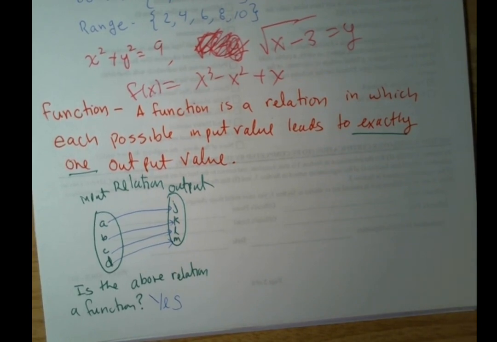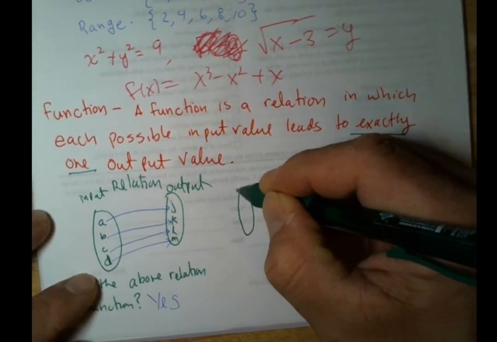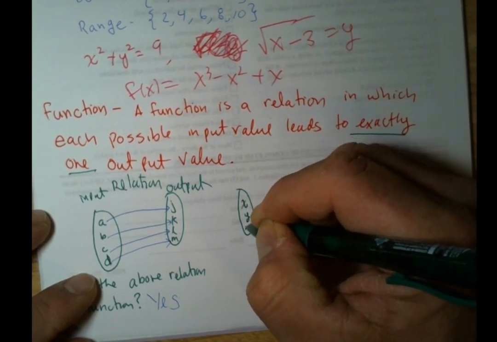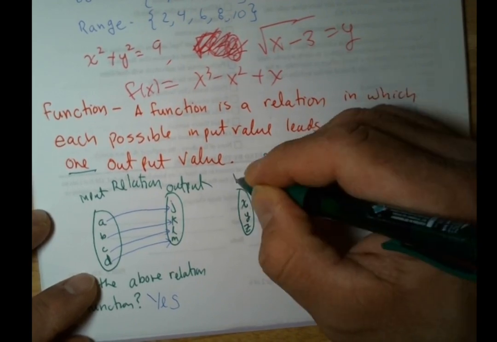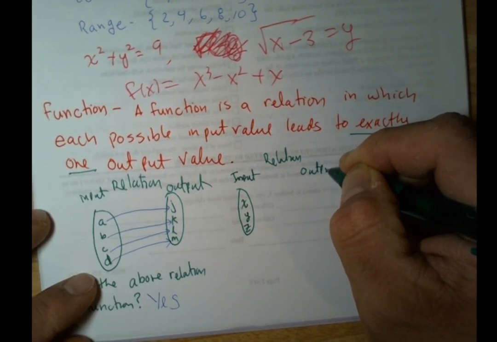Okay, so let's look at another example here. Let's say for another relation, we have, let's call it x, y, z. We have our input and our output.